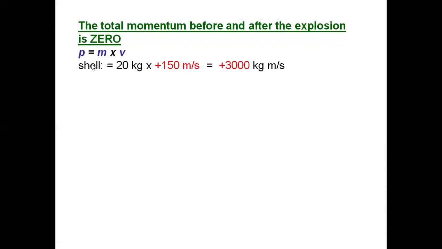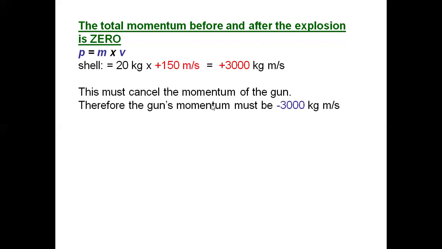MV of the shell: it moves with a velocity of 150 meter per second, mass is 20 kg, so its momentum towards the right side is 3000 kg meter per second. Now, the momentum of the gun will also be the same, but in the opposite direction. So total momentum of the gun should also be 3000. Gun's mass was 15,000 kg.